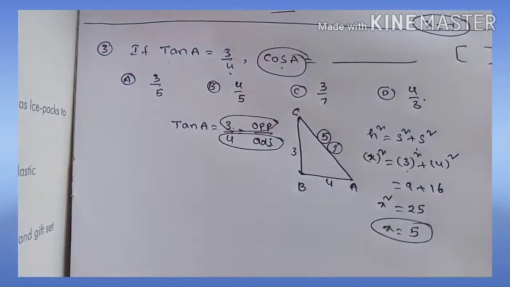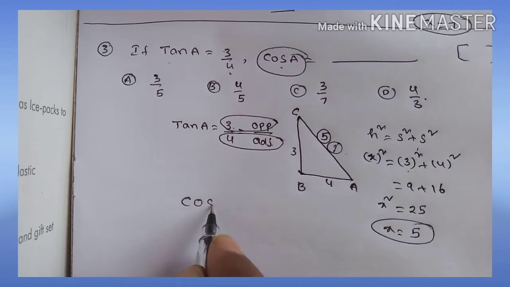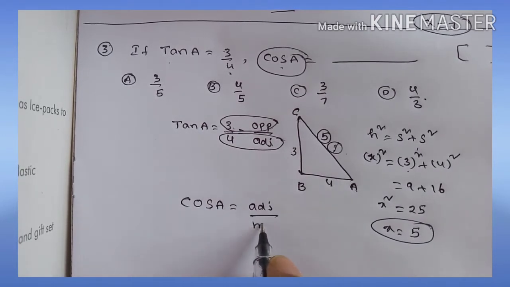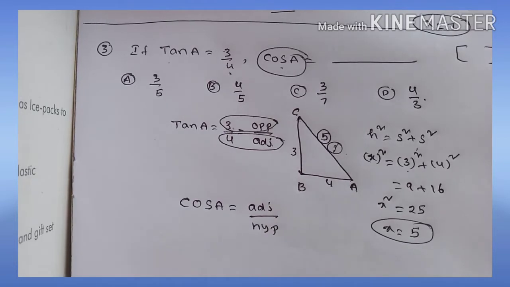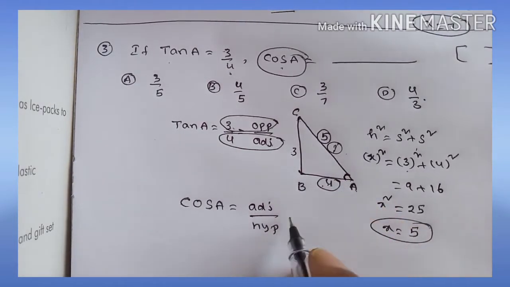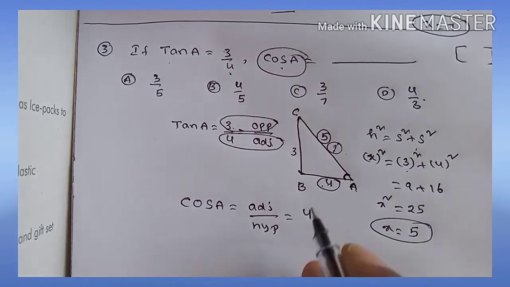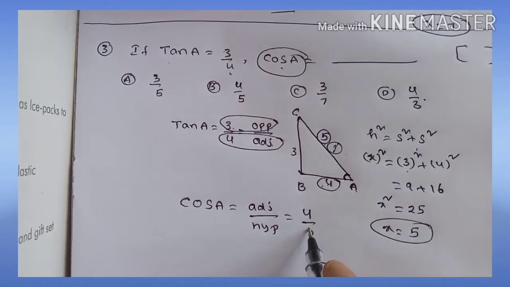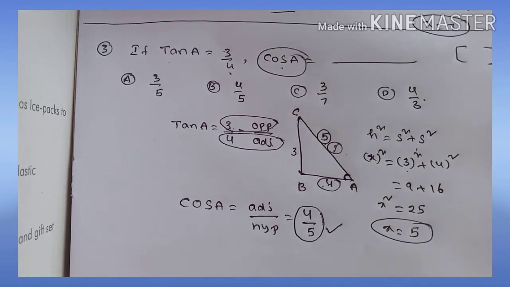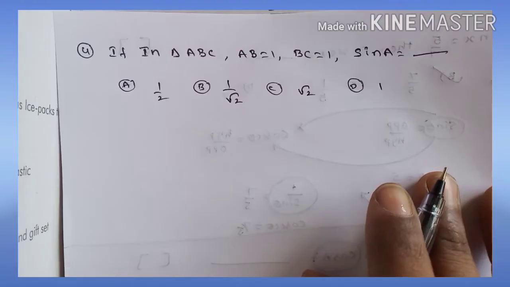Then what is our requirement? Cos A. Cos A is adjacent side by hypotenuse. The adjacent of A is 4 and the hypotenuse is 5. So the result is 4 by 5.